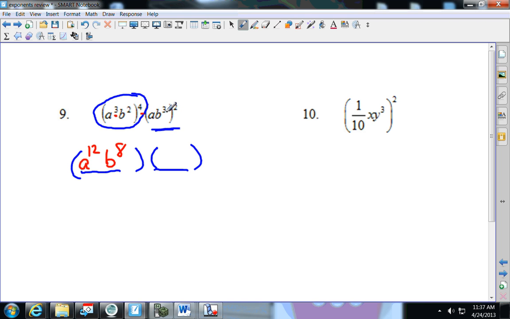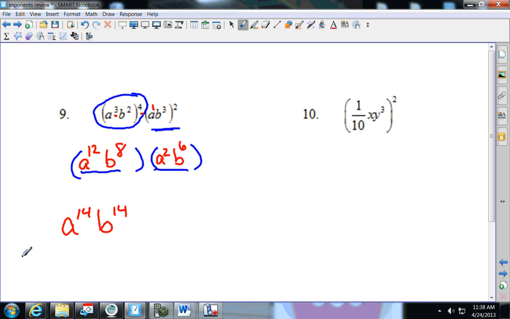The second one, there's a 1 right here by this a. 1 times 2 is 2, so it's a to the 2nd power. B to the 3 times 2 is 6. Now we go through and we have to add our exponents together because when you multiply the bases, you add the exponents. So I get a to the 14th, b to the 14th.